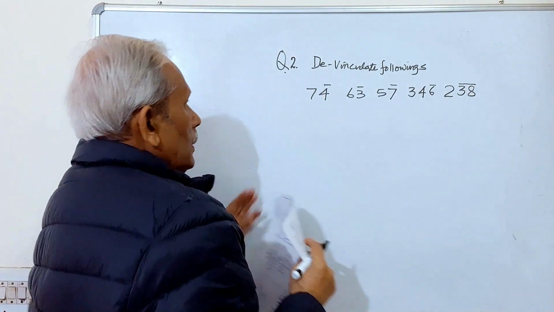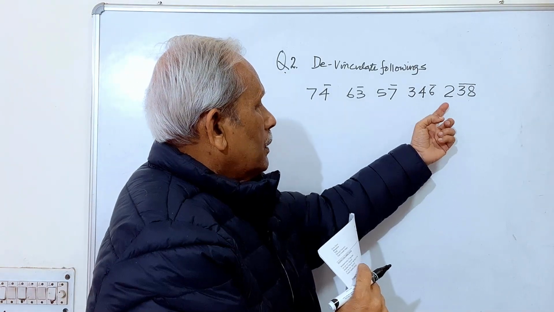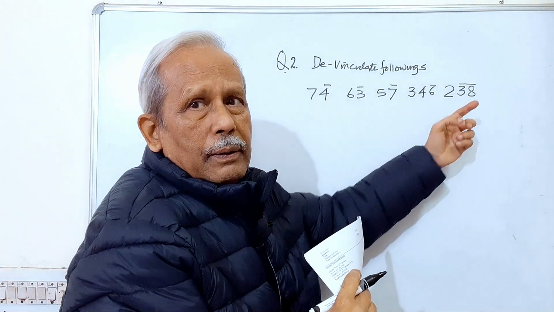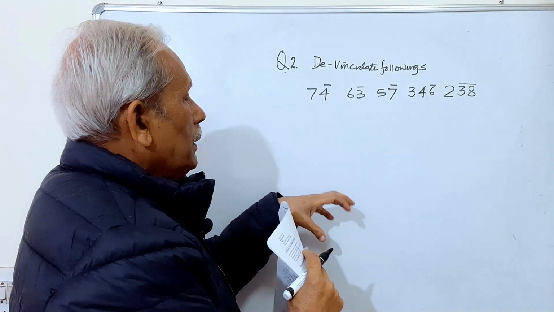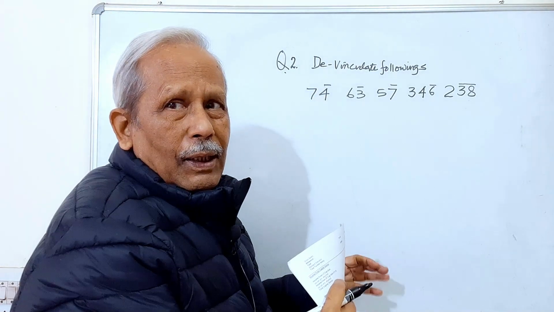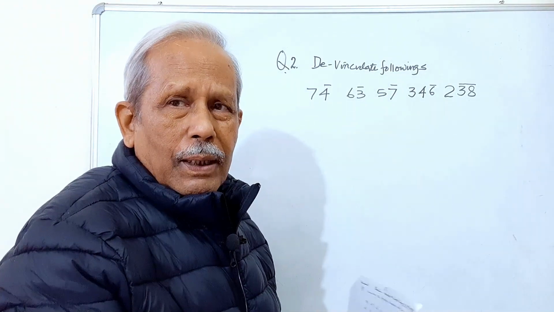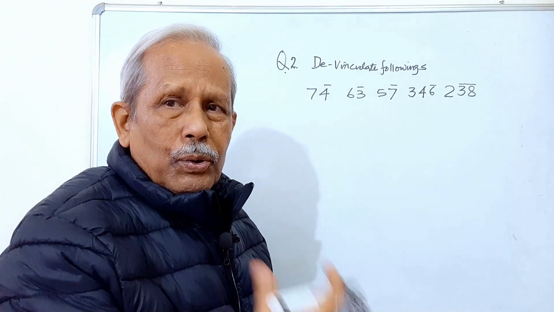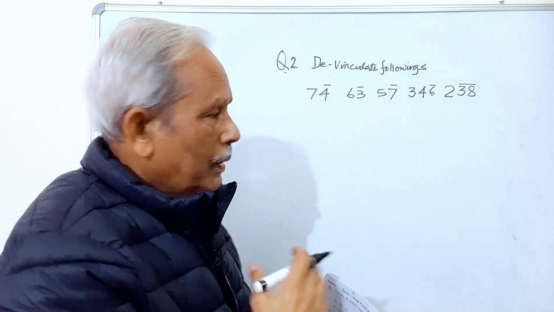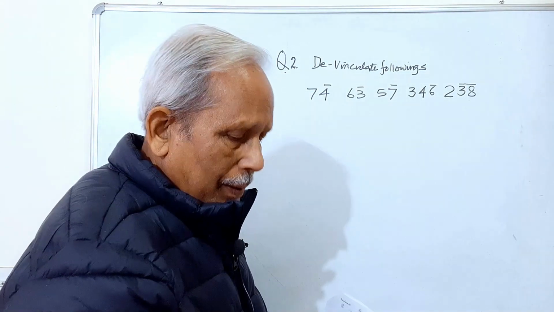Here in all these numbers, bar is only on one digit. Here the bar is on two digits, right? Now you have to devinculate it, meaning you have to convert it into a normal number, right? So do attempt these questions yourself, give a pause, do it yourself, then you can come back to me so that I can solve these questions and you can see it, right?